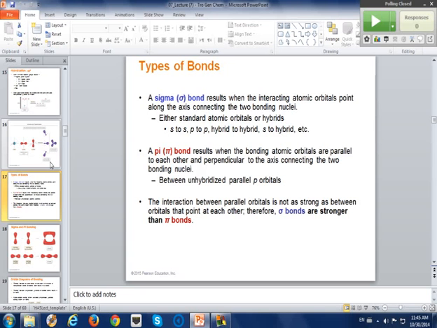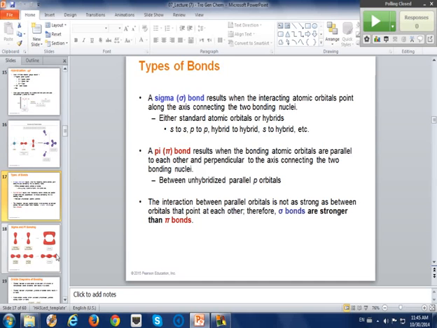Such overlap results in sigma bonding. This second type of bonding can occur, pi bonding, when the geometry is such that the overlap of orbitals is off the internuclear axes.